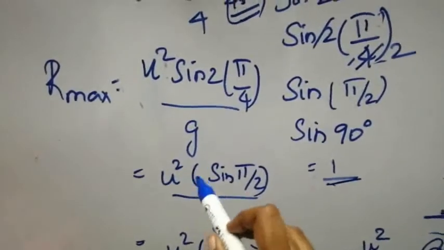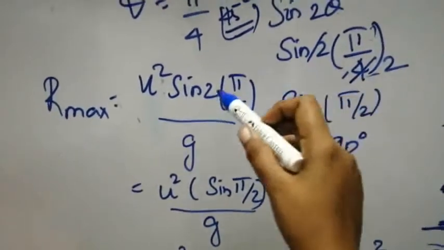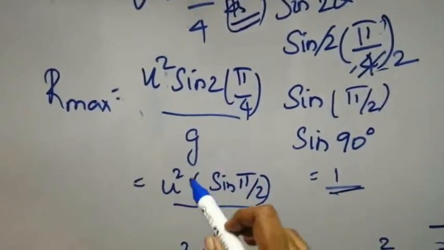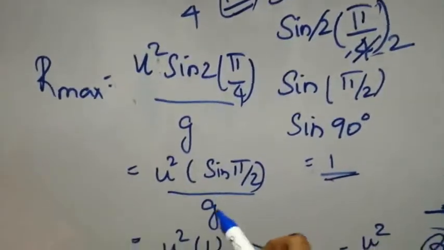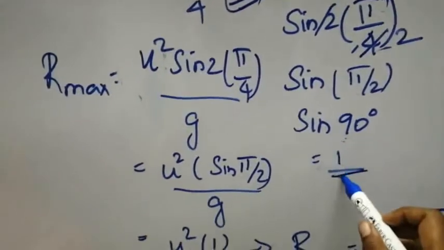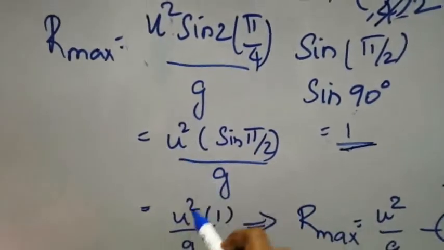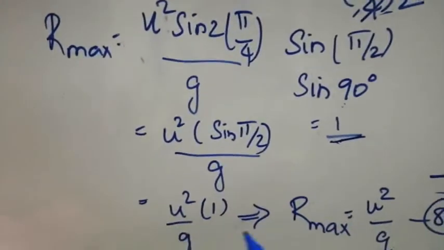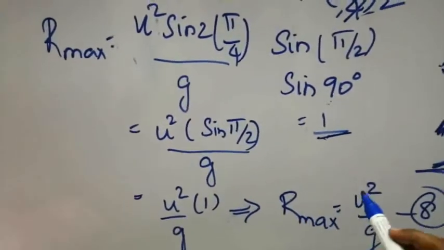So it is u square, again same as what we did here. 2 and 4, the 2 gets cancelled off, it becomes pi by 2. So u square sin pi by 2 by g. So sin pi by 2 is nothing but, as I said, sin 90, which is 1. So it is u square by g into 1. Anything into 1 is the same term, right? So my R max value is u square by g.